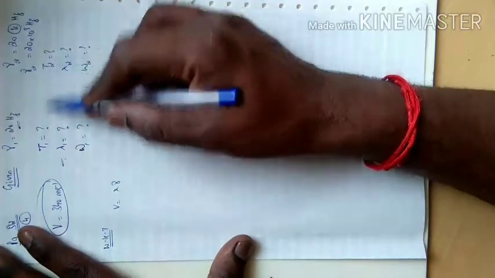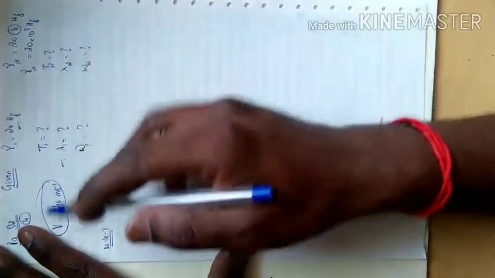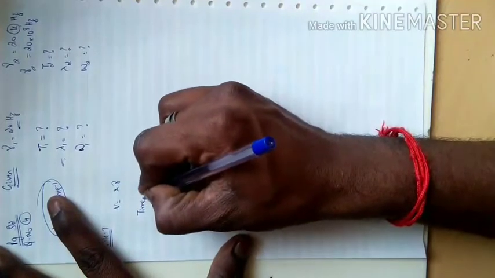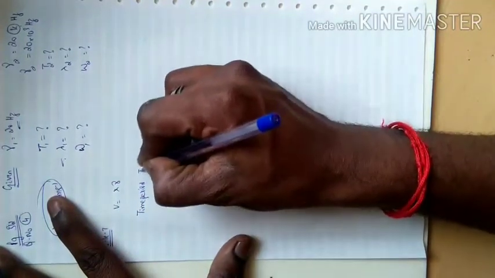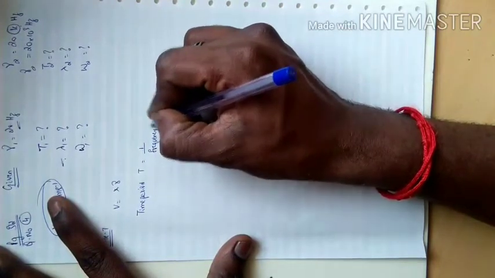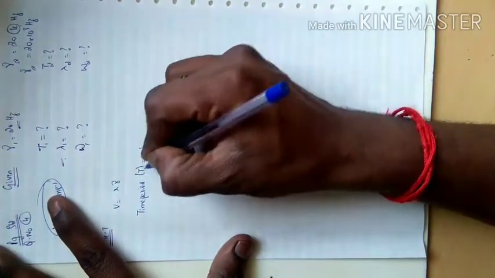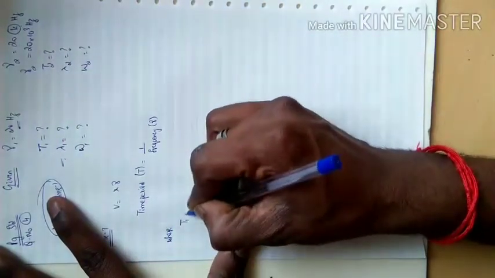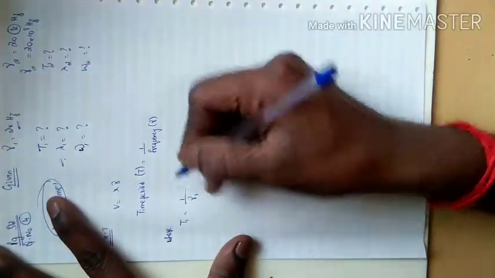First they are asking you to express in terms of time period. For time period and frequency, what is the relation? We know that time period T is equal to the reciprocal of frequency, that is nu. Using this formula we are going to do for T1, where T1 is equal to 1 by nu 1.